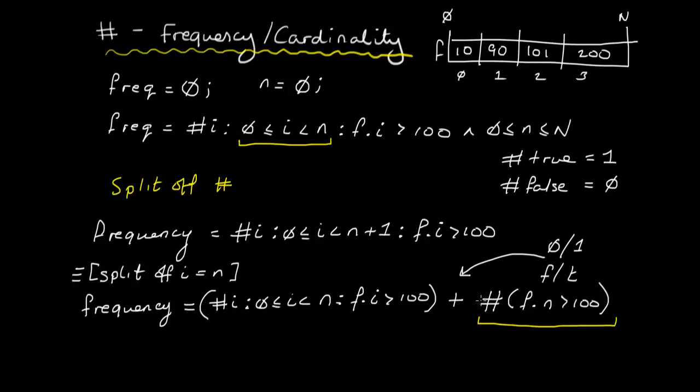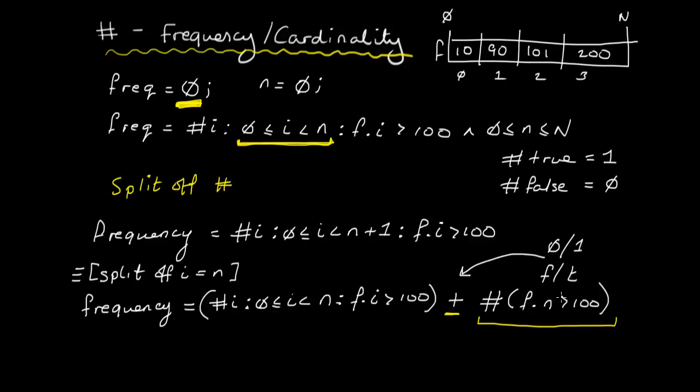So from the point of view of frequency, what are the important things to remember? We initialize to 0, we're finding the frequency of something, counting up how many times something occurs, and in most counting exercises we usually start at 0. When we have an empty range, the frequency over an empty range is 0. That stands to reason, so that's another good reason to set it to 0. In the split off, we split off with a plus, but we're not just adding on f.n. That doesn't make sense.